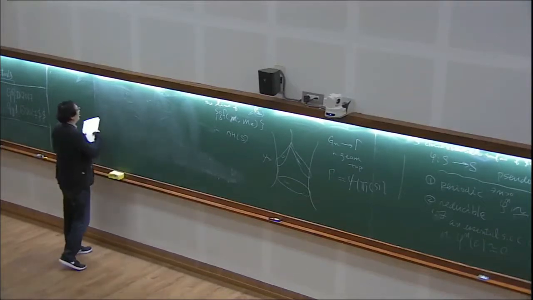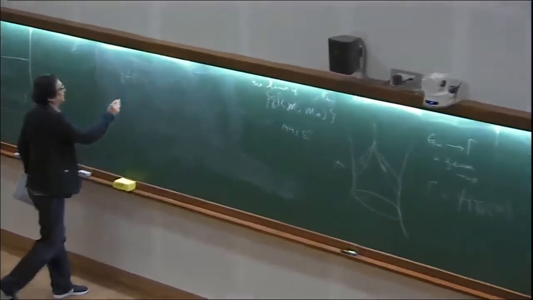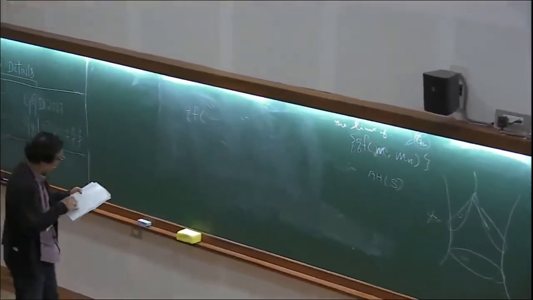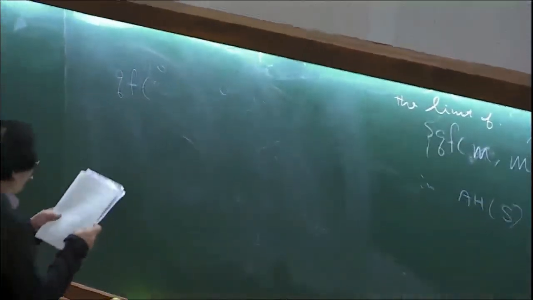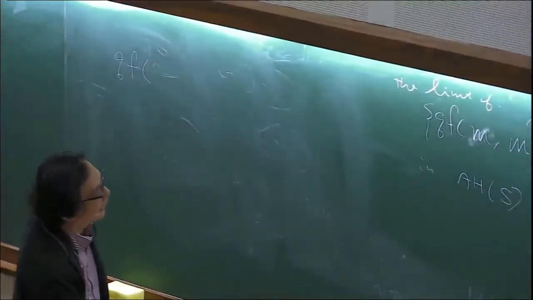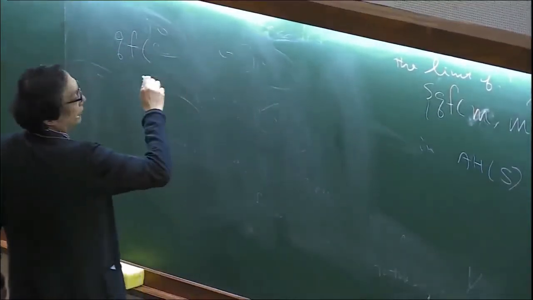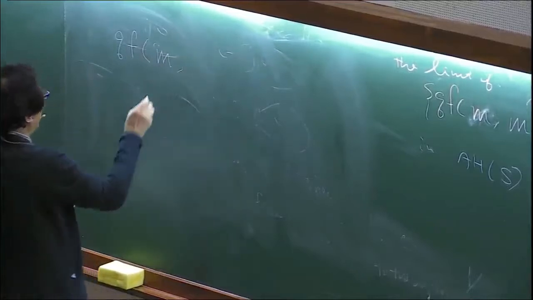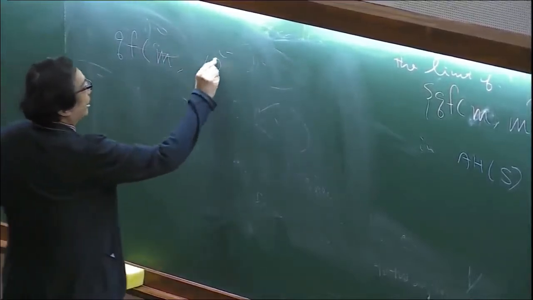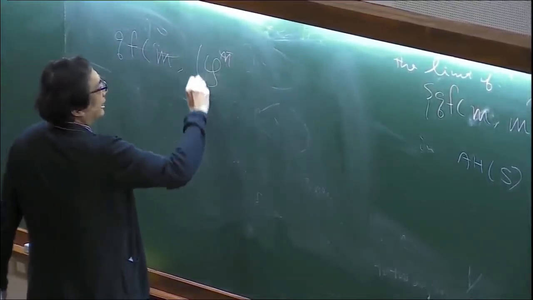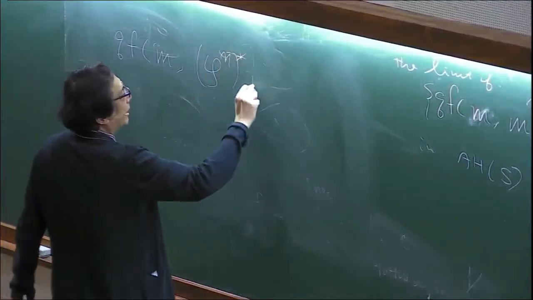So what we're considering is something like this: a QF of S, where we are moving the second factor, M, and phi to the n. So it's a pullback of M by phi to the n.